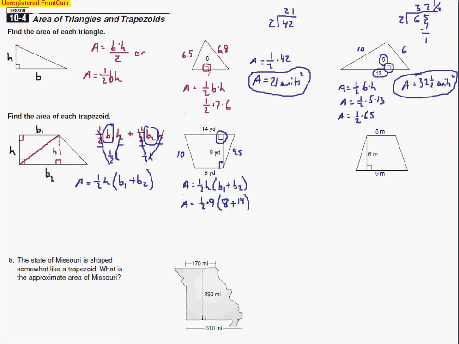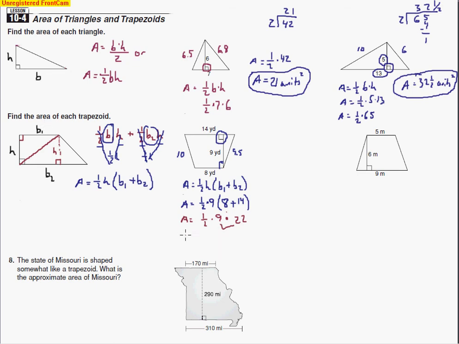So what I'm going to do first is add those two bases together. So I still have area equals 1/2 times 9, and now this is times 8 plus 14, which gives me 22. So let's go ahead and multiply those two numbers, the 9 and the 22. So 9 times 22 gives me 198.